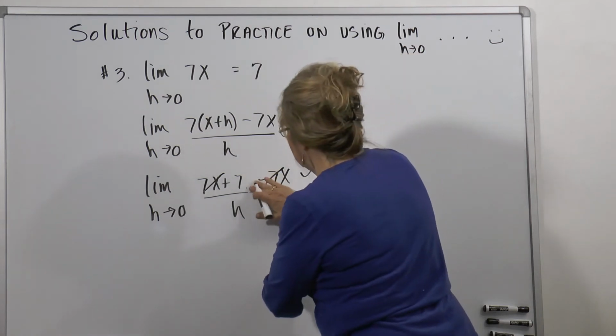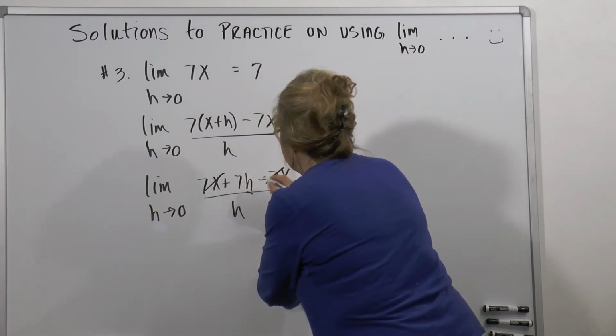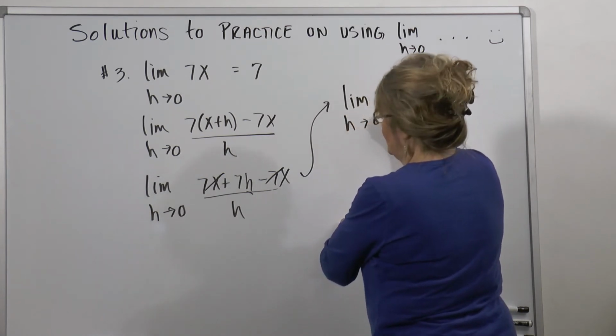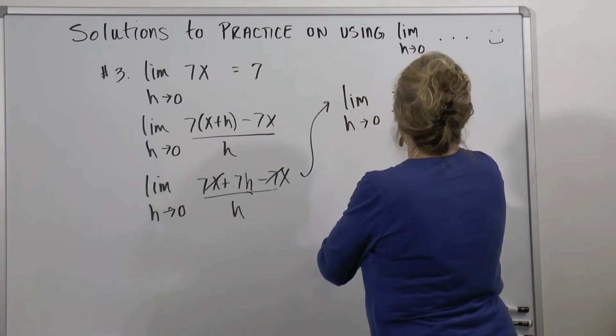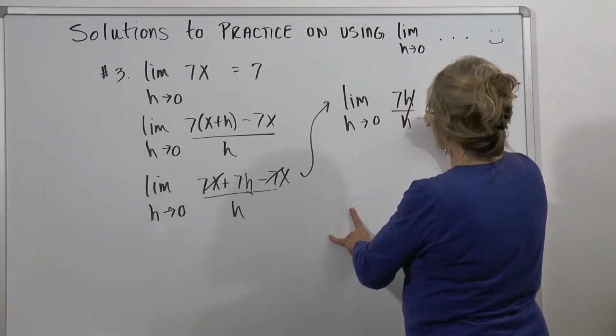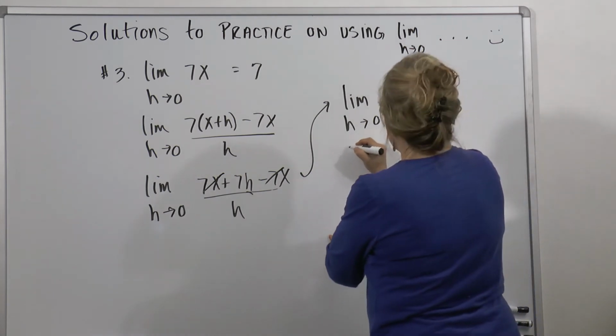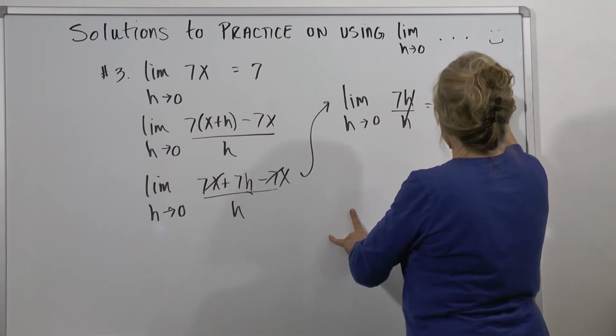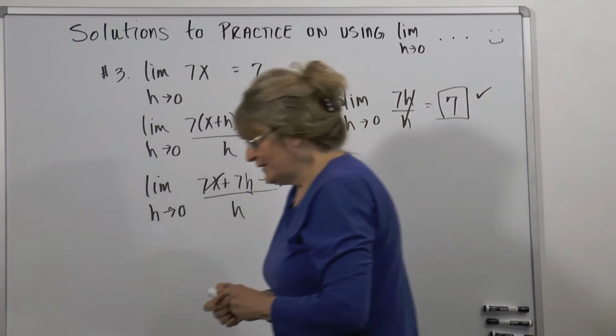Oops, I'm sorry, that's an h. My bad. So the limit as h goes to 0 of 7h over h, those h's are going to cancel. So it doesn't matter what h goes to, the whole thing is just equal to 7. Check. That's what we wanted.